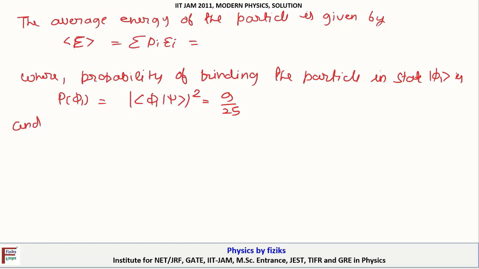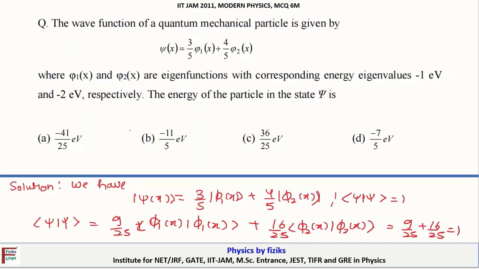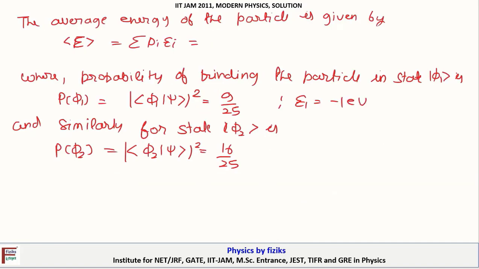And similarly for state phi 2, with energies E1 equal to minus 1 electron volt and E2 equal to minus 2 electron volt.